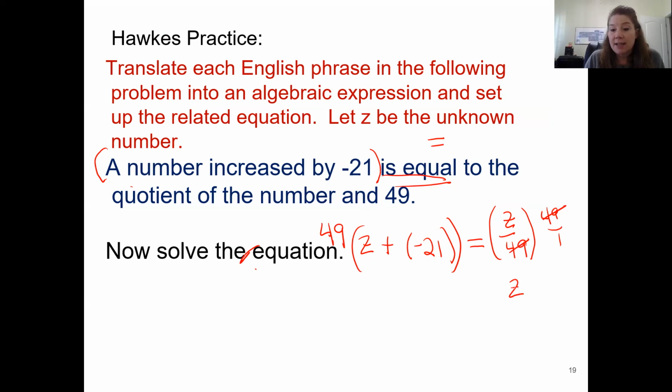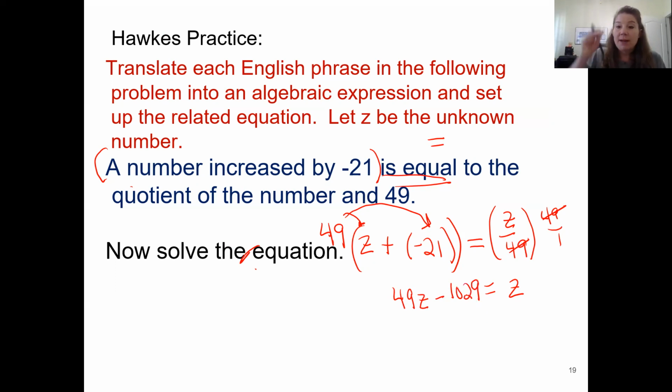There's our Z is equal to, now we use our distributive property, 49 times Z is 49Z. And then 49 times negative 21, negative 21 times 49, is equal to negative 1,029.